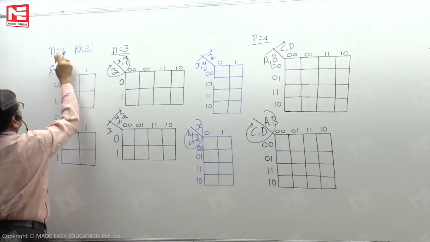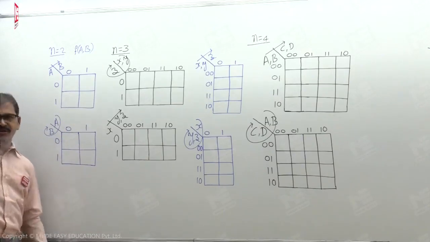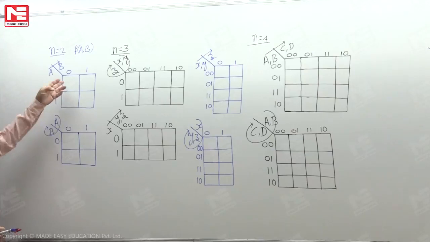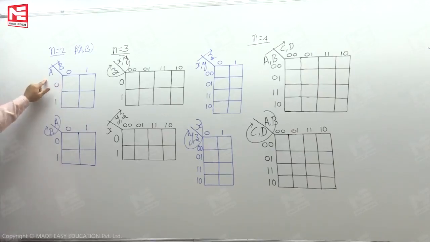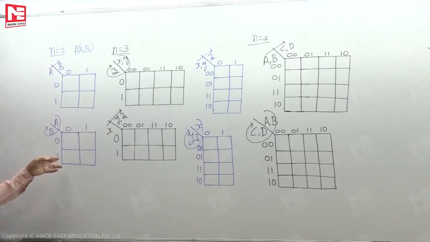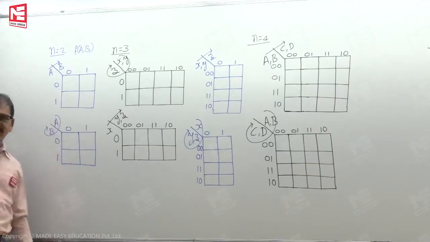For this 2 variable Boolean function, these are the 2 possible K-map formats. In this format, the variable a is the row heading and b is the column heading, whereas in this format, the variable a is the column heading and the variable b is the row heading.